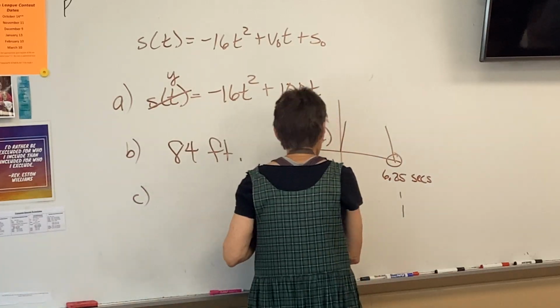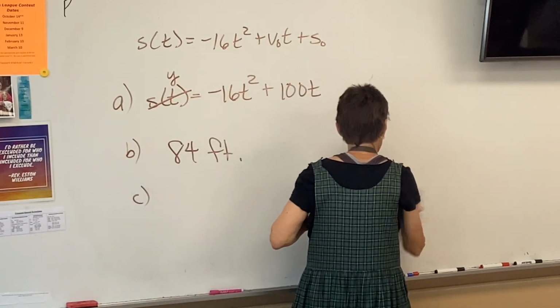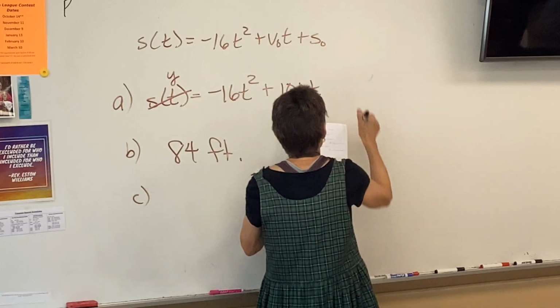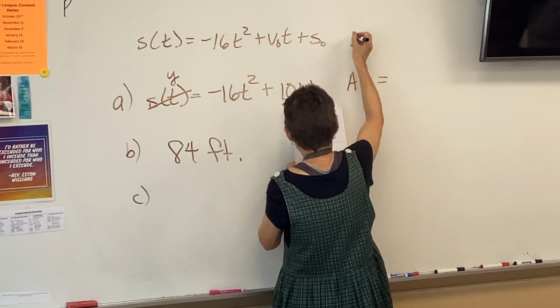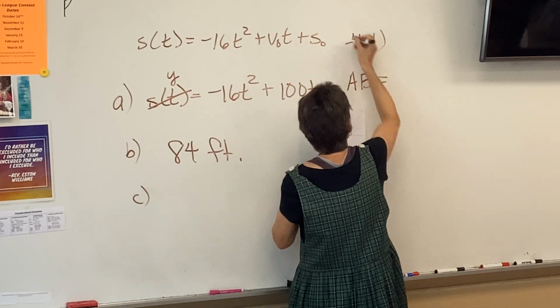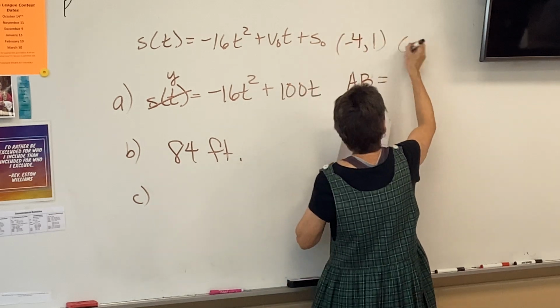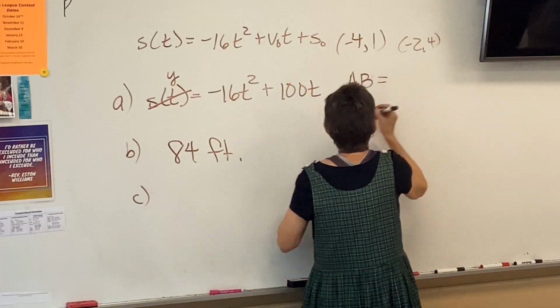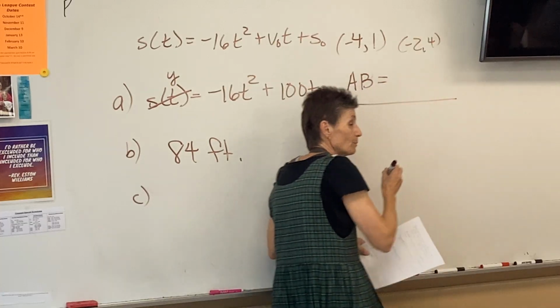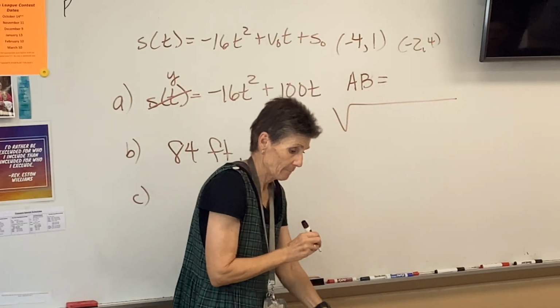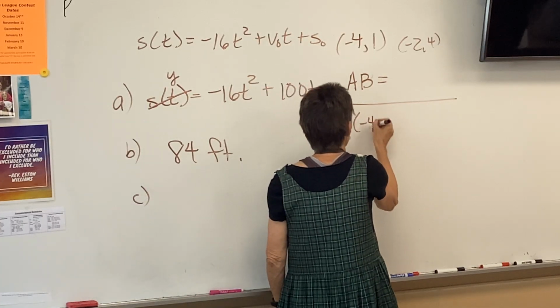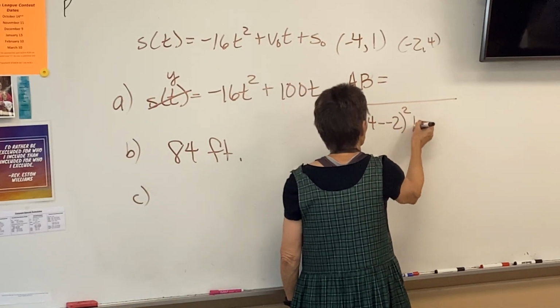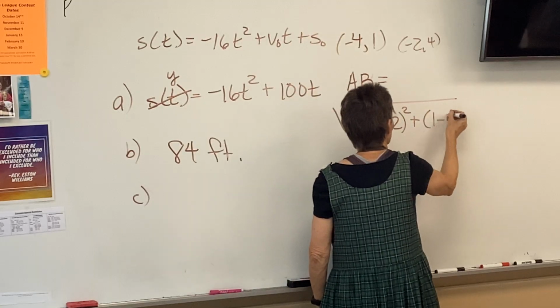Alright, and finally, last one. What does this mean? So distance is the big square root, remember? So -4 minus -2, 1 minus 4.